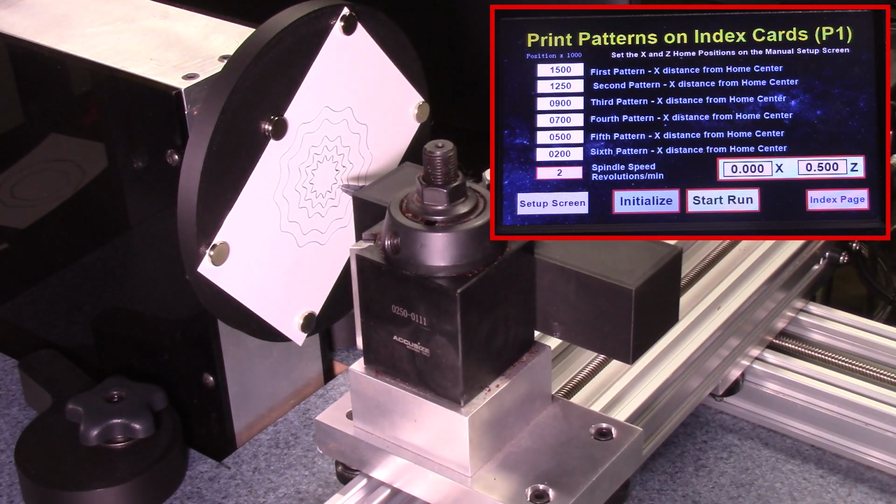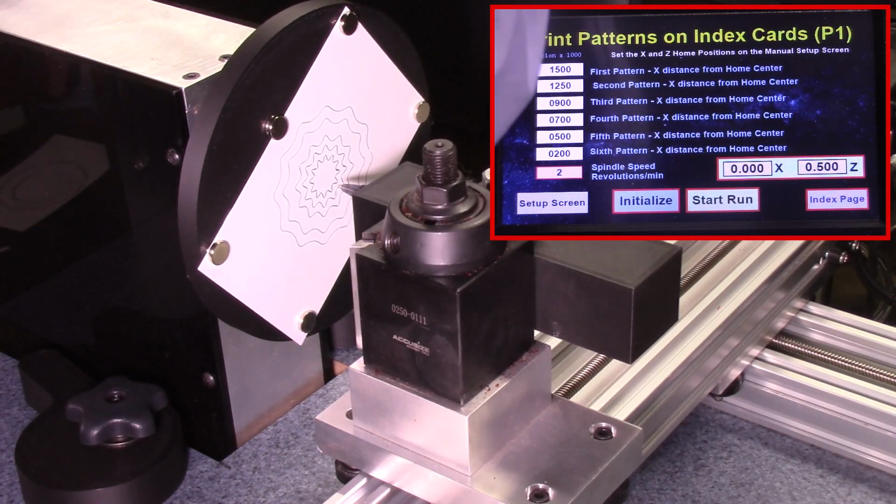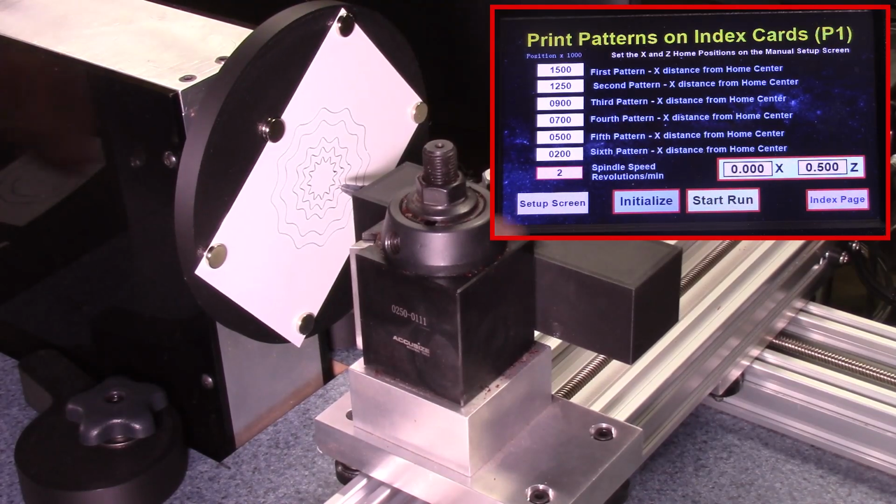Now I can repeat the pattern by just changing the parameters at different angles. In this case, what I'm going to do is change the phasing. So let me change the phase by 2 steps and just rerun it.